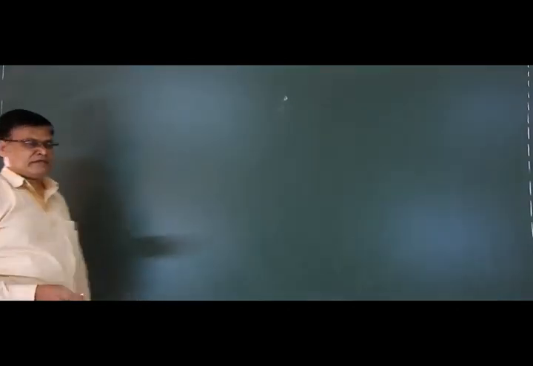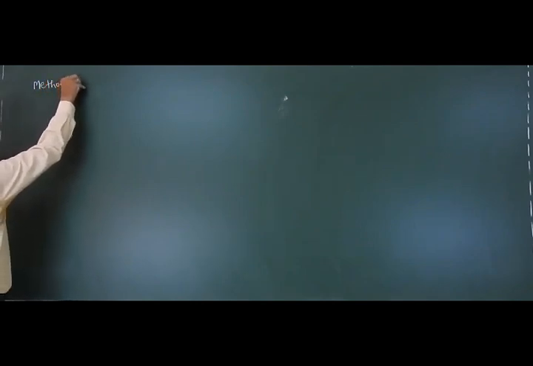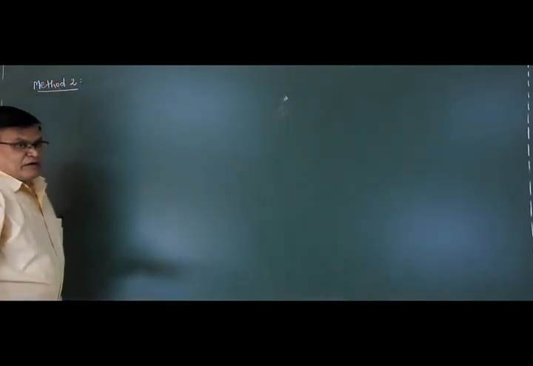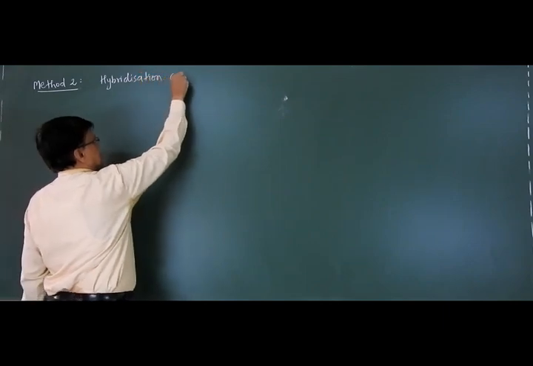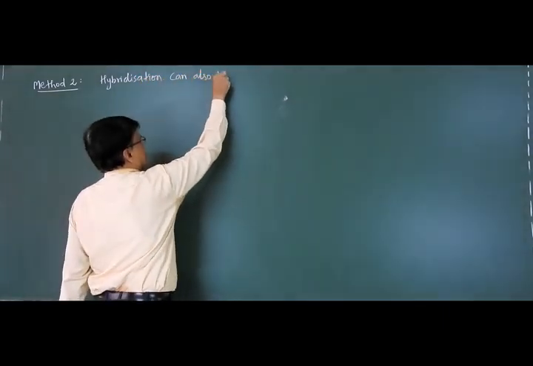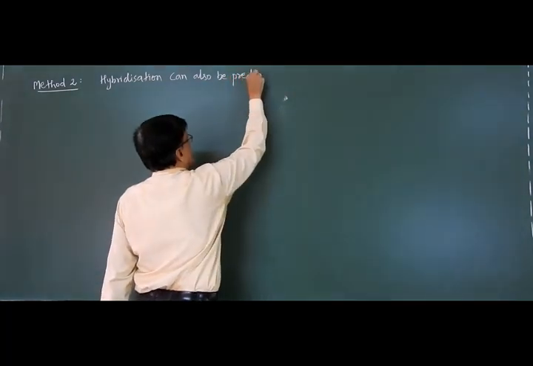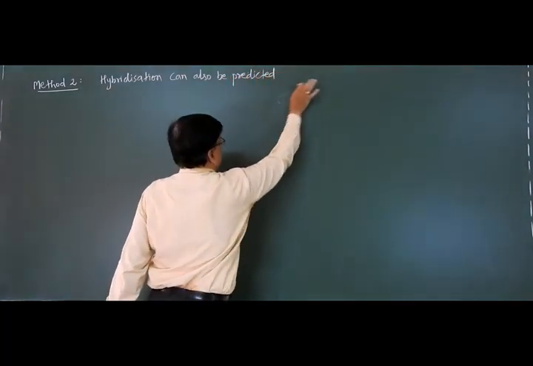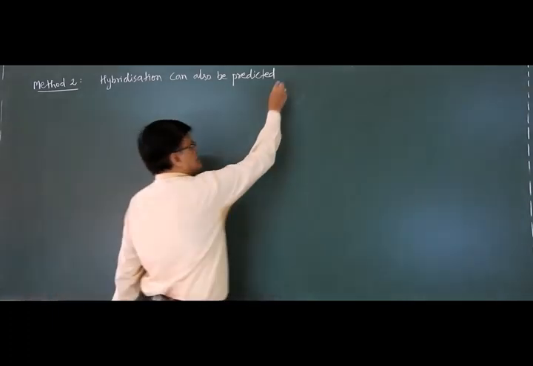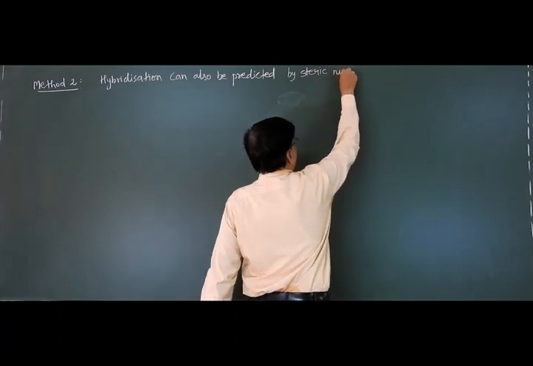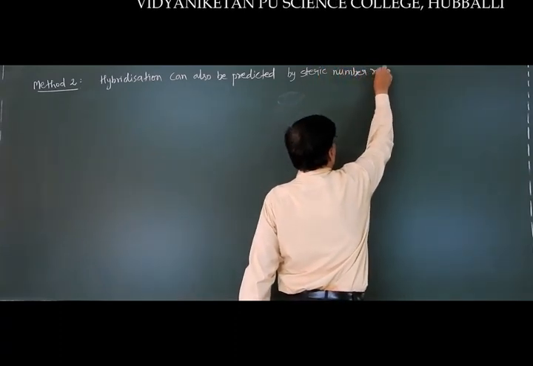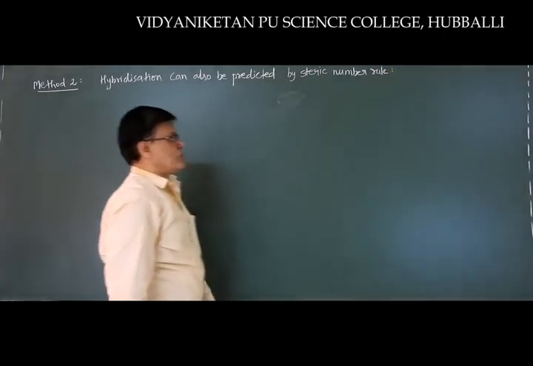Now students, second method, write down all of you. Method 2: hybridization can also be predicted by the steric number rule.